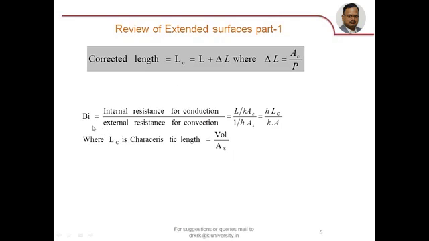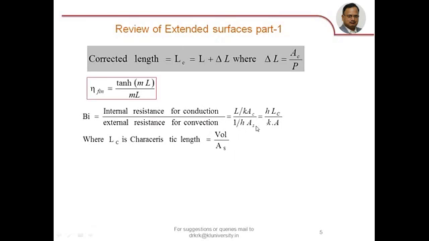Now in this we have introduced a non-dimensional number called Biot number. And Biot number is nothing but the resistance offered internally within the body for heat transfer, that is for conduction, to that of the resistance offered externally for convection. So internal resistance is conduction resistance, and external resistance offered for the body to dissipate heat into the environment is convection resistance.